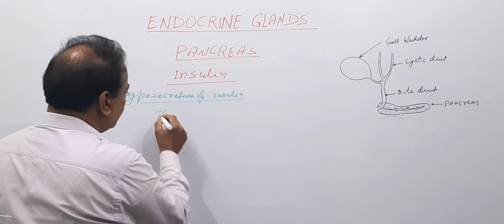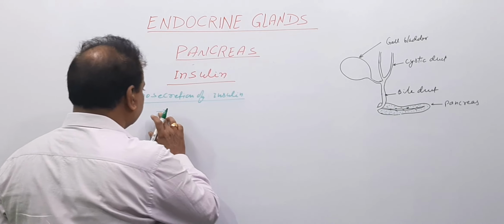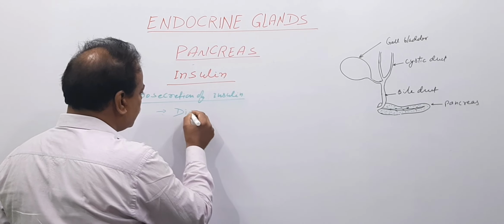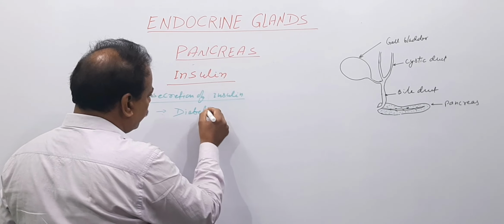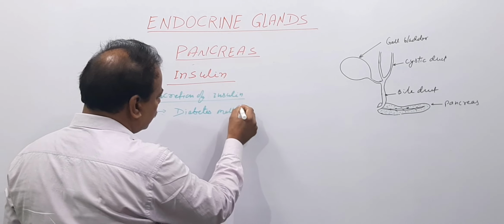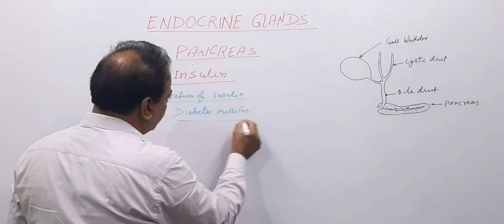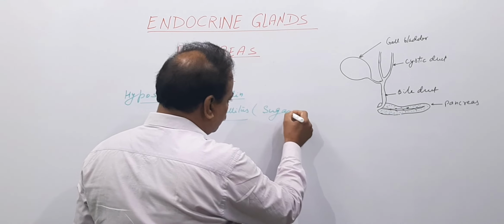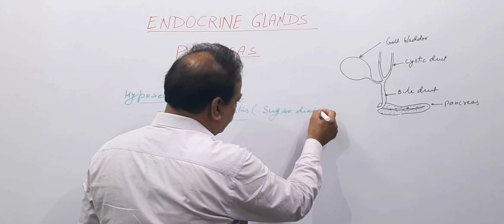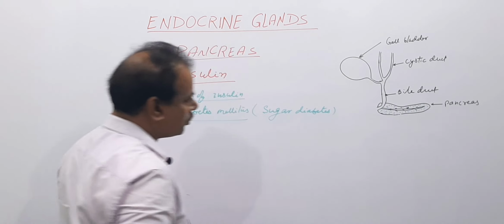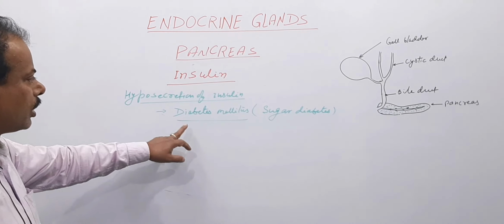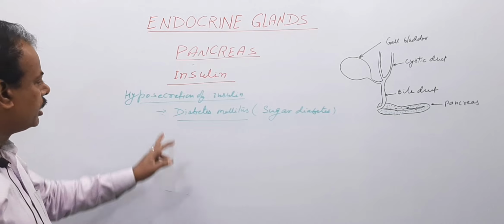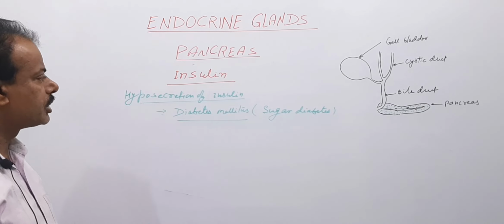Hyposecretion of insulin causes diabetes mellitus, also known as sugar diabetes. So sugar diabetes or diabetes mellitus is caused due to hyposecretion of insulin.